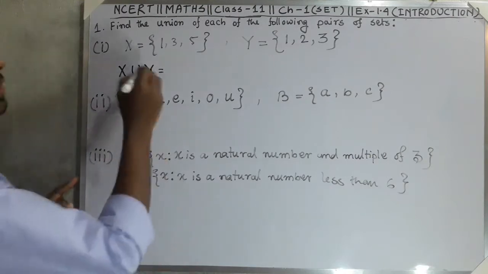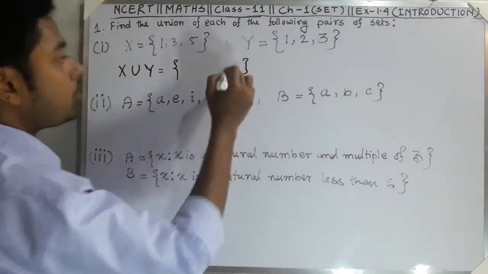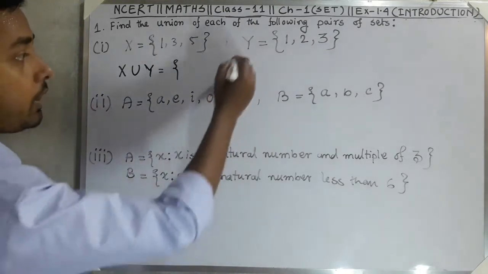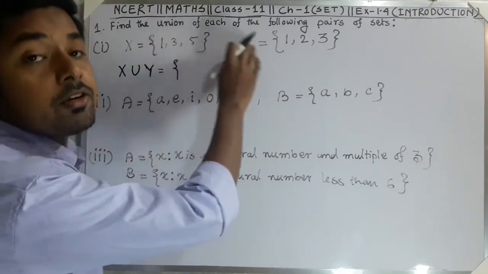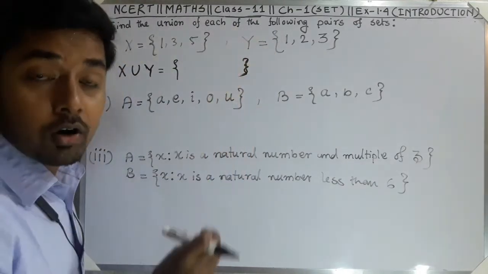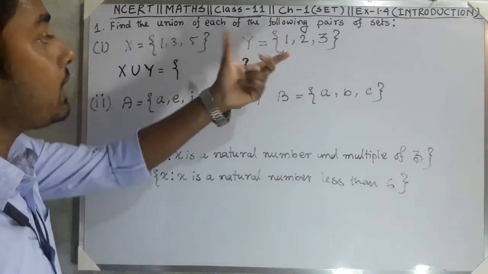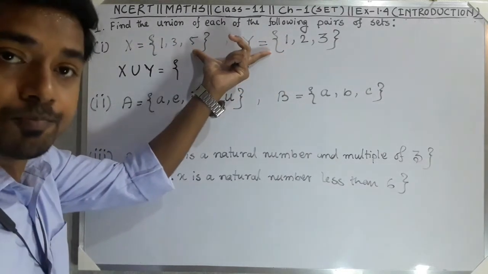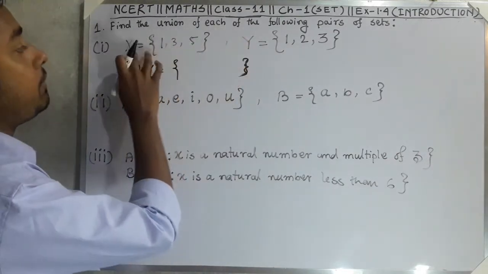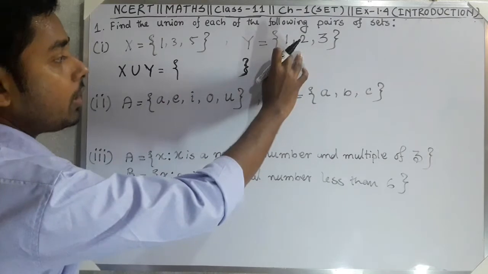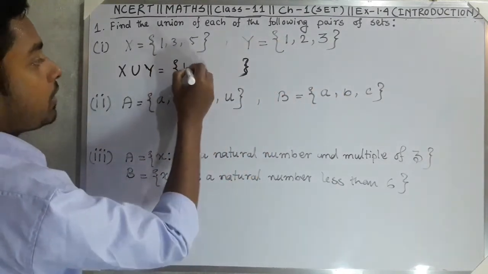So what will be X union Y? We know X union Y will also be a set. And what are the elements? Elements of X, elements of Y, and the common elements of X and Y. So 1 is a common element.